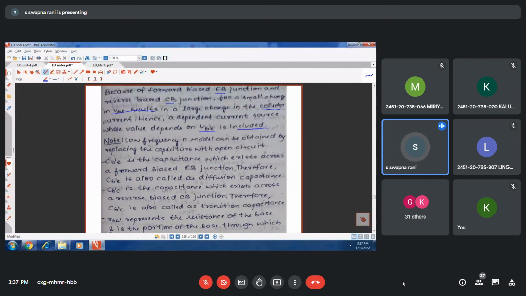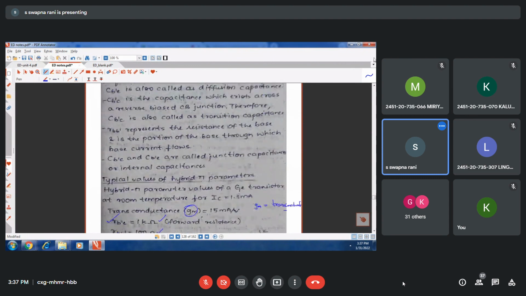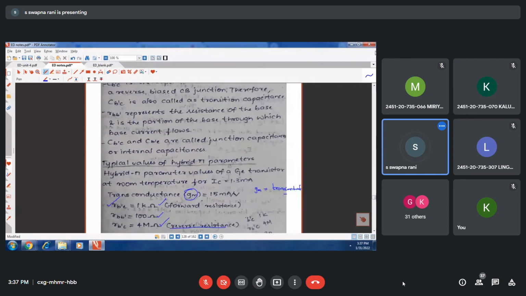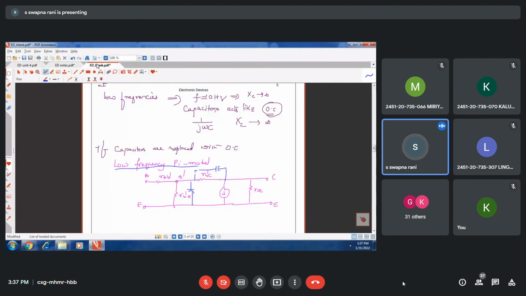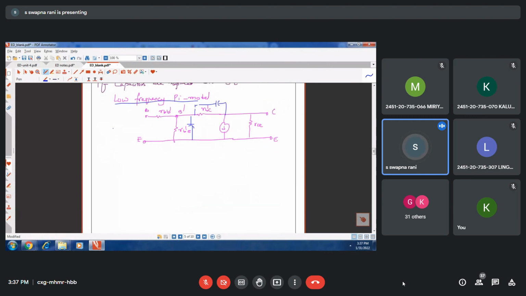And for long answer, we have to find the hybrid pi parameters.